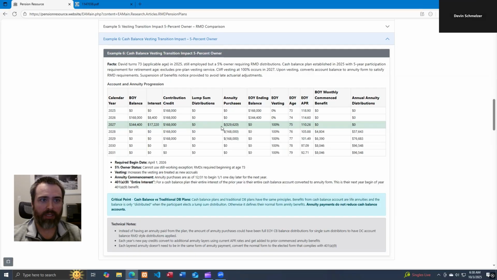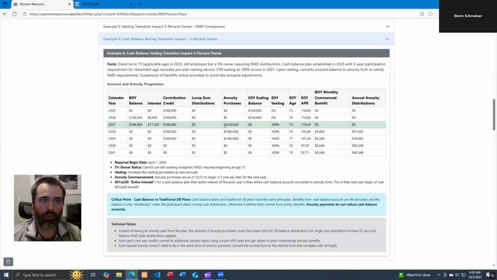Now, looking into how much of this cash balance account is used. When you look at the cash balance account, when they annuitize, their annuity benefit generally gets bifurcated from their cash balance account, separated out.